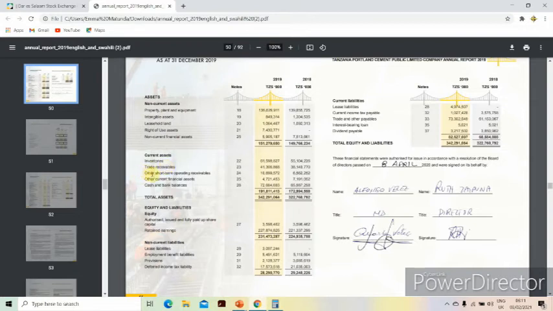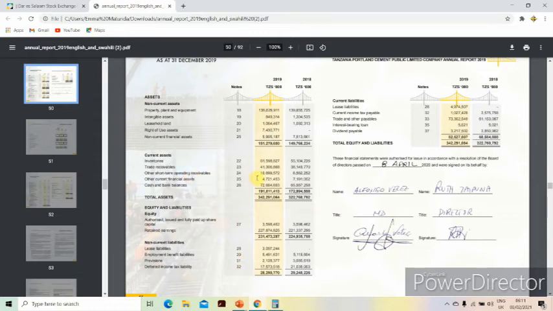But then once we get on to other receivables, well, then this includes the prepaid expenses. This includes the income you're supposed to get from people or institutions, but they haven't yet paid you. But then this income has got nothing to do with the product or service you're selling. This is more like side income.